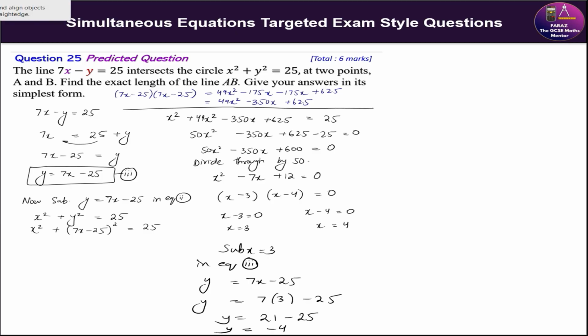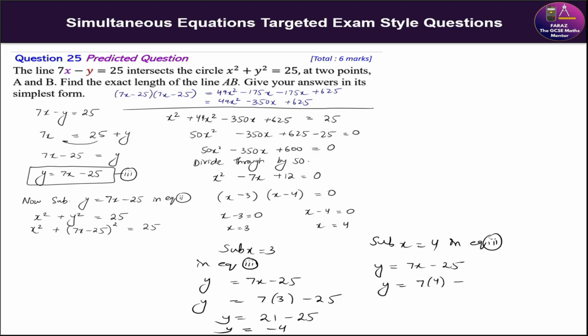And if you substitute x equals 4 in equation 3 again, y equals 7 into 4 minus 25, which is 28 minus 25, which is 3. So we have y equals negative 4 and y equals 3.